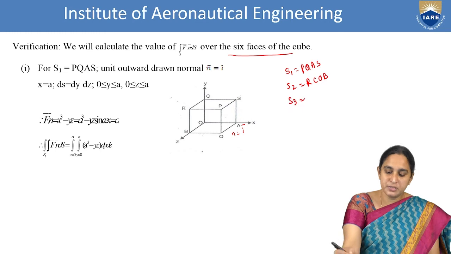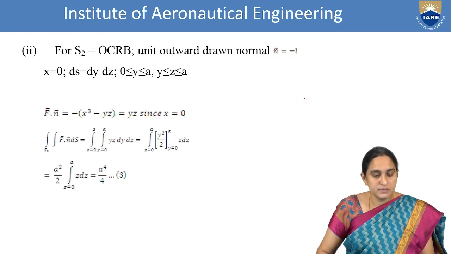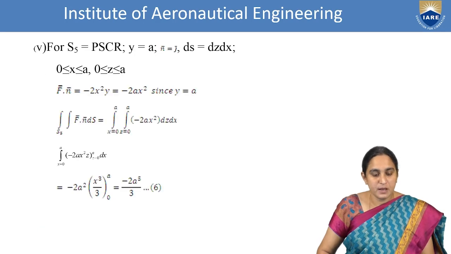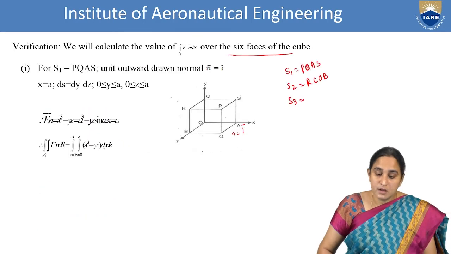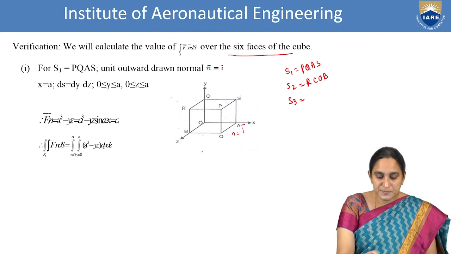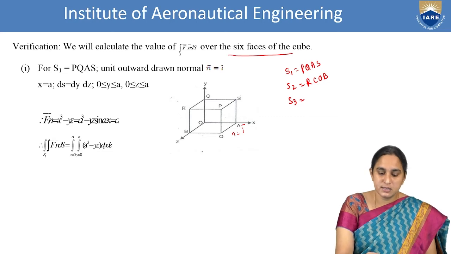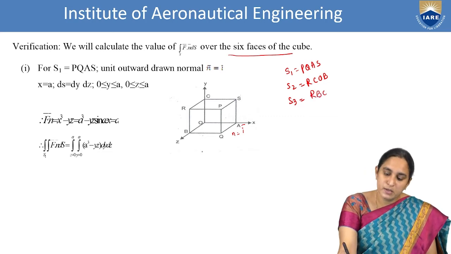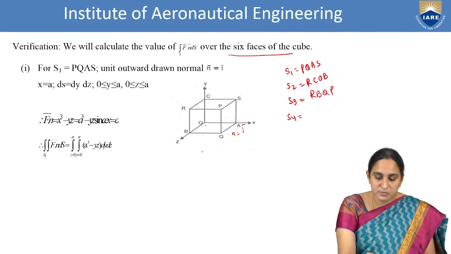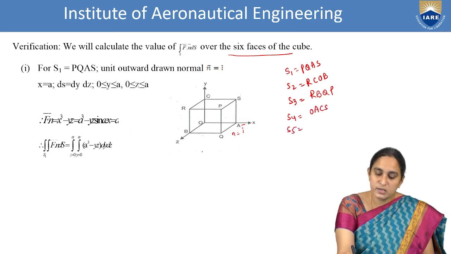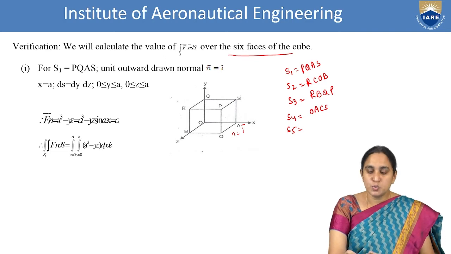And what about the third face here? RBQP. Where is it, once you observe? RBQP is on the z-axis, right? And what about the fourth face? The opposite one, that is OACS. And what about S5? 2 are on the x-axis, 2 are on the z-axis.